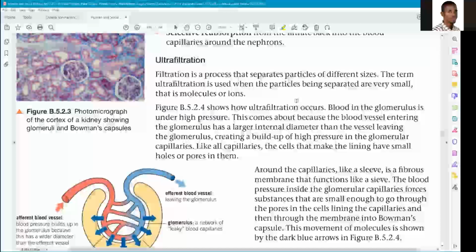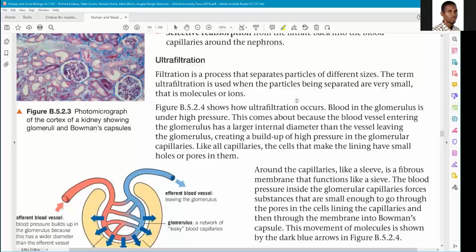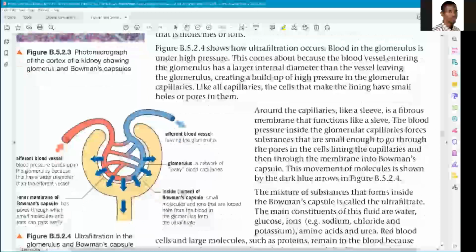Filtration, ultrafiltration. Filtration is a process that separates particles of different sizes. The term ultrafiltration is used when the particles being separated are very small, that is, molecules or ions. Figure B24, I have to scroll that up a little so you can see it.